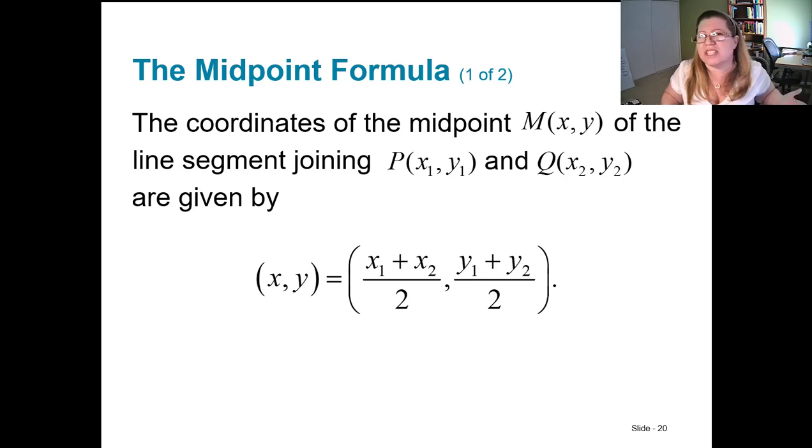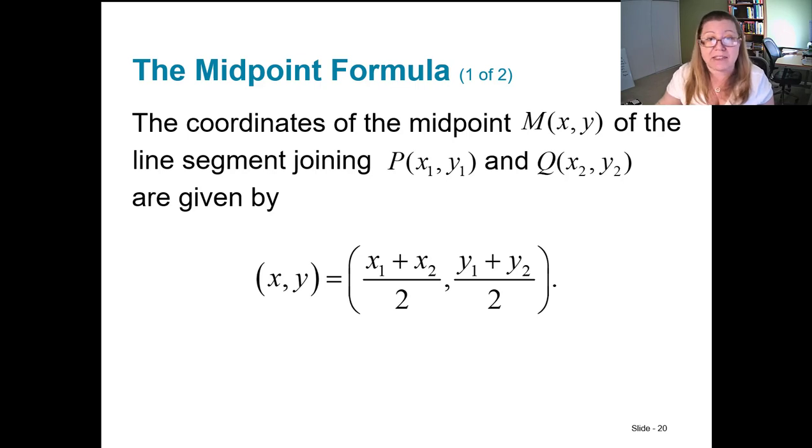Well, that's just an average. So the point in the middle of 2 other points is going to be the average of the x's, comma, average of the y's. It actually gives us the point itself. It's kind of a nice formula.